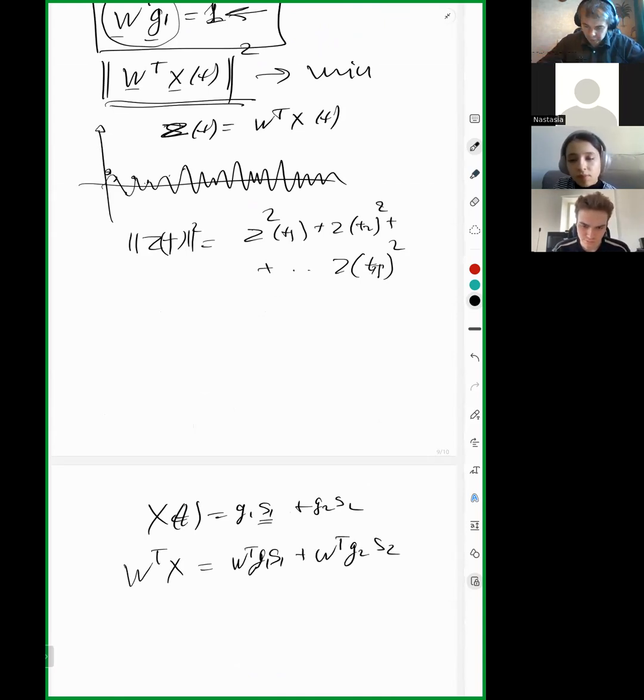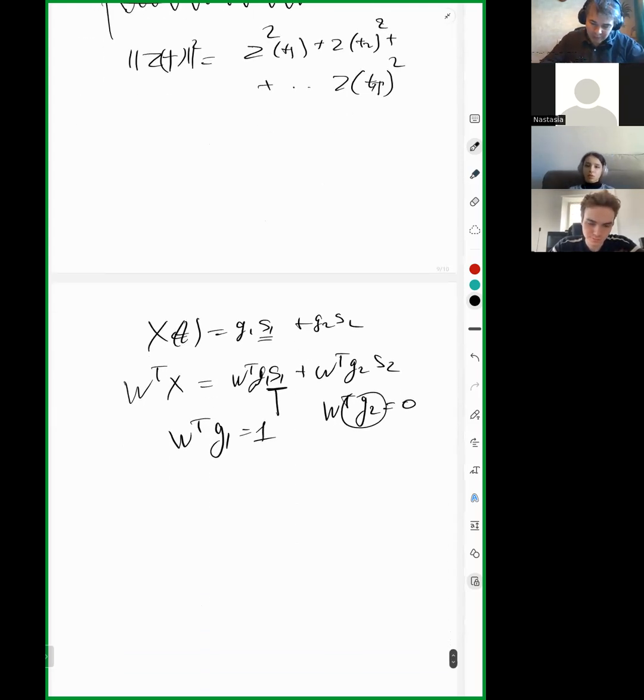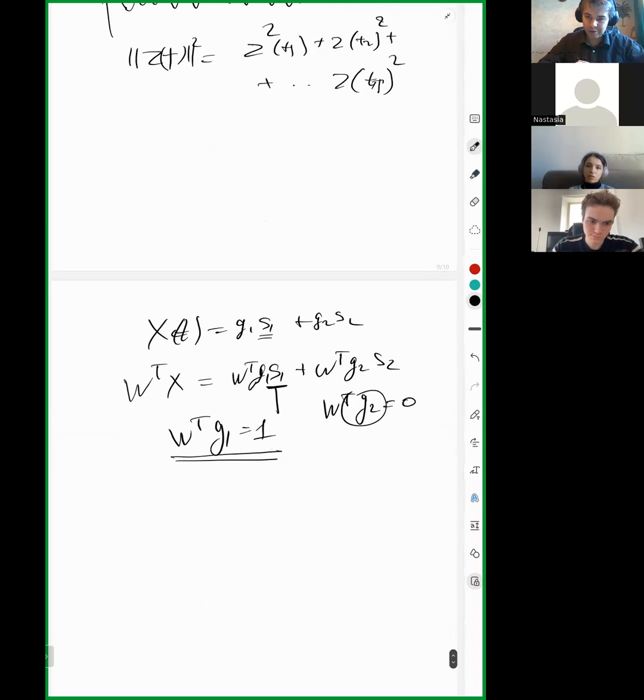If I want to recover this guy, I want W transpose G1 to be equal to 1, and ideally W transpose G2 to be equal to 0. But I don't know this guy, and therefore I'm playing a simplified version of the perfect algorithm. I'm saying, make this gain 1.